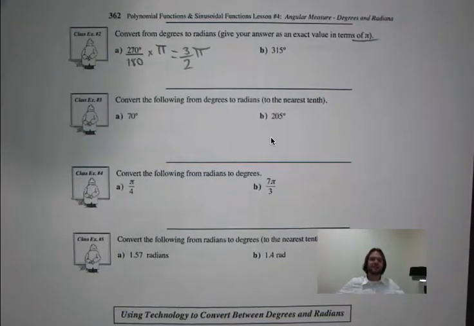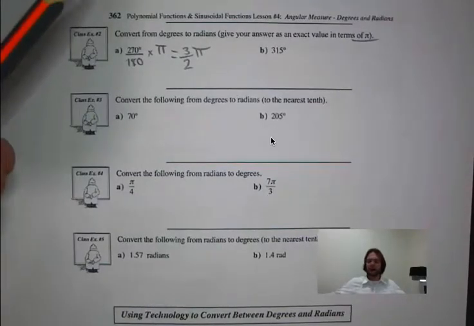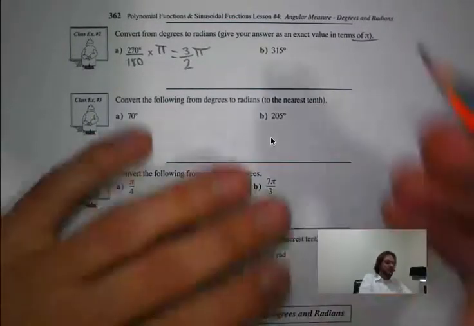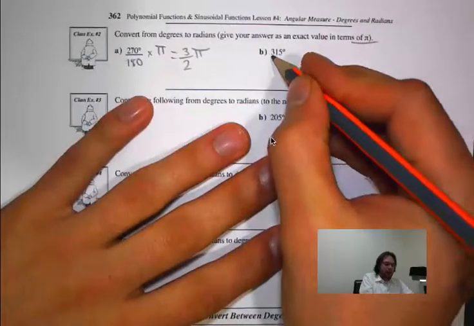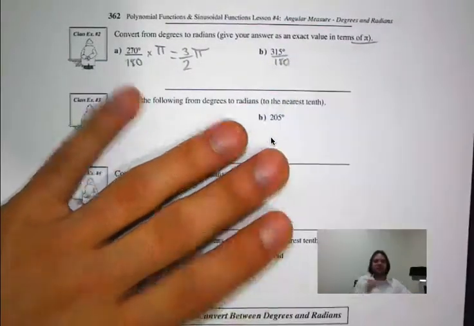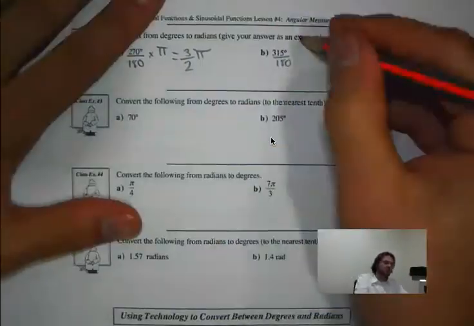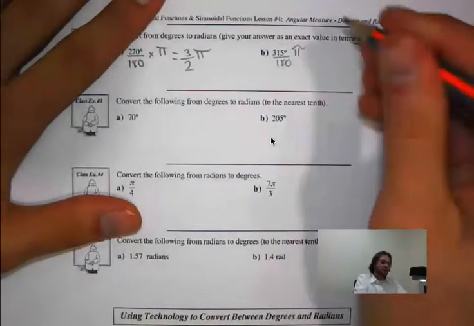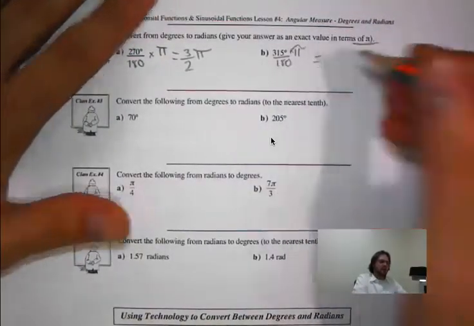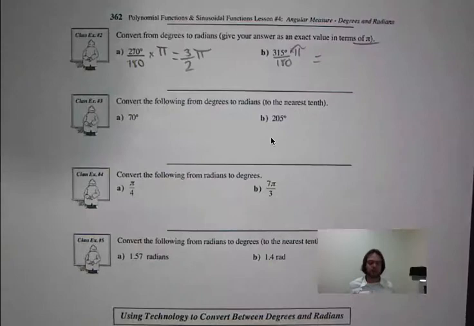Now let's take a look at this next one here. If I have 315 degrees, now I must, once again, divide by 180, because we want to convert it into terms of pi, which is in radians. Okay, so then I multiply by pi. Now, I'm not 100% sure what 315 divided by 180 is. I think it's going to be 7 over 4. I'm not sure.